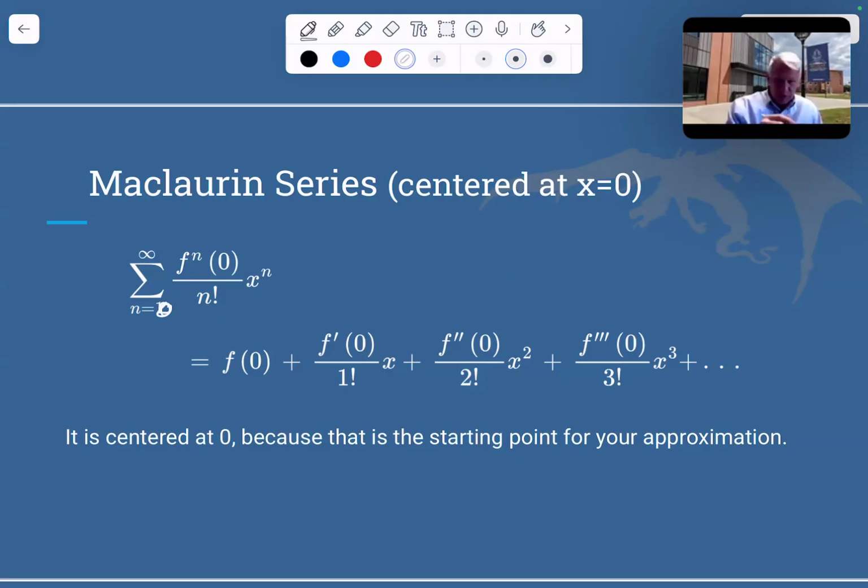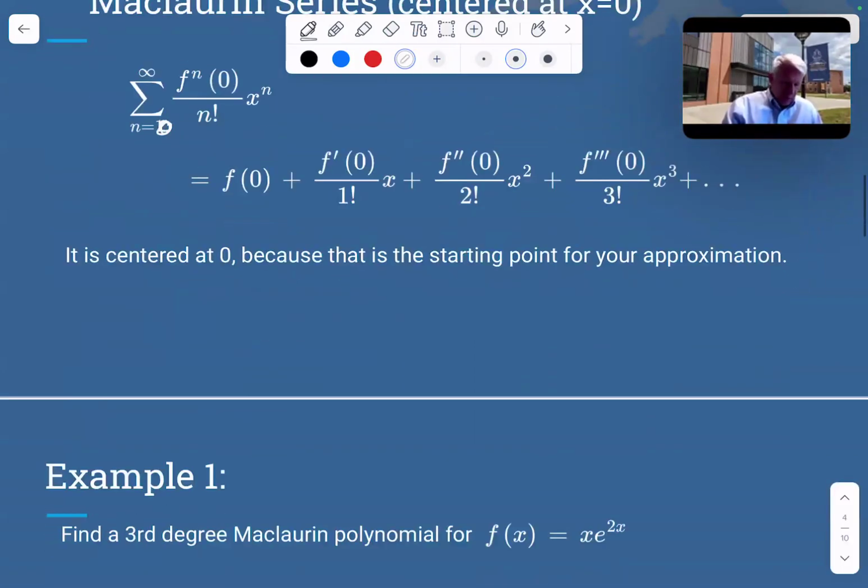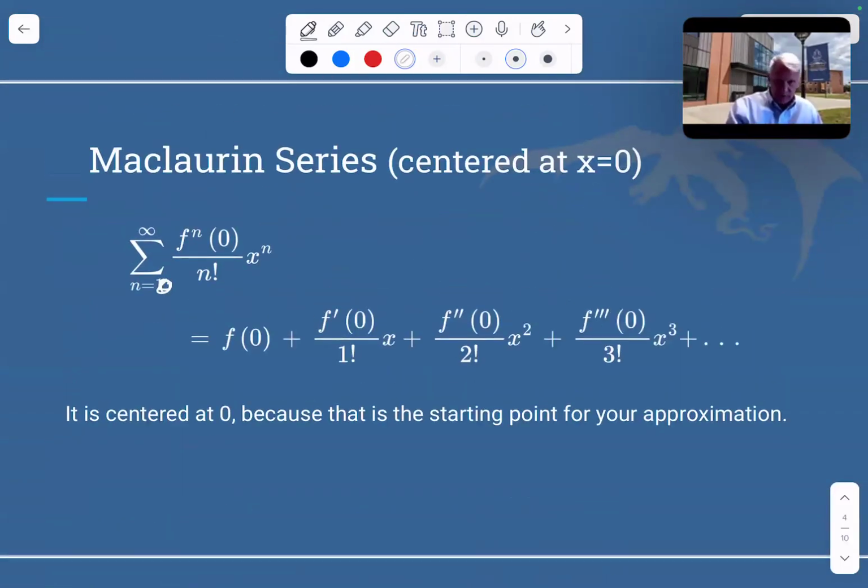So you're evaluating the function as is at zero, and then taking the first derivative at zero, divided by the appropriate factorial for whichever term you're at. But the key is that this is centered at zero. I will have the slides fixed with that small error.